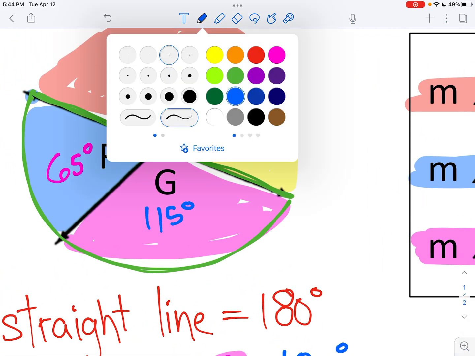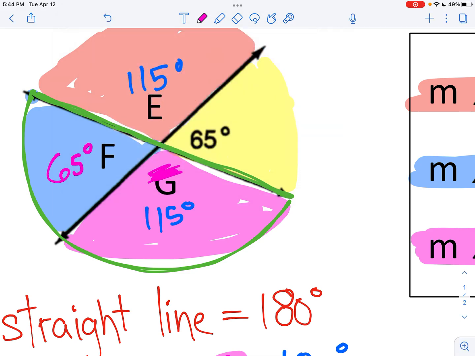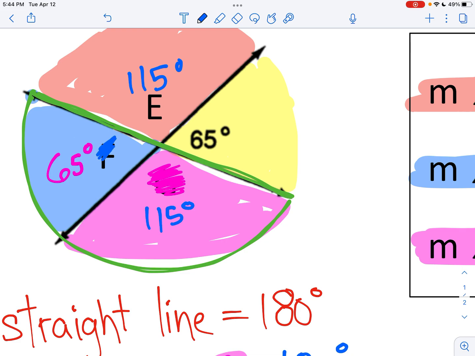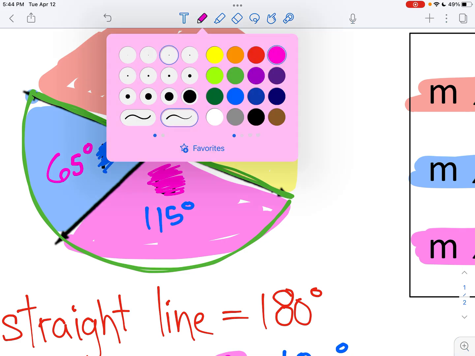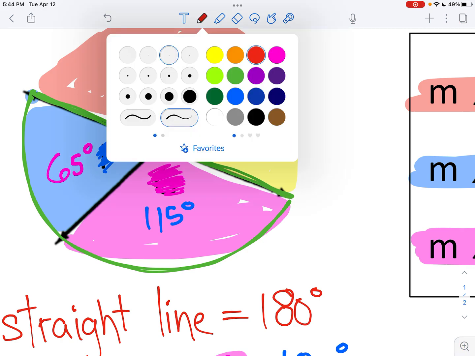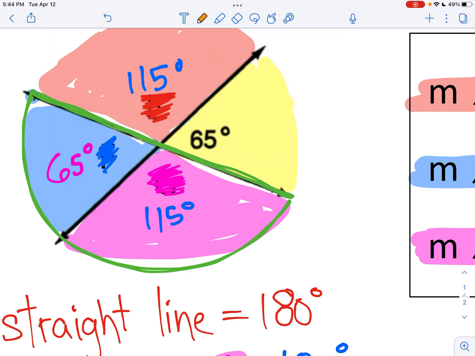Then I'm going to cover up these letters here. There's G, it's gone. Cover up F. Cover up E. In class, we talked about vertical angles. When you see an X, I'm going to cover up the black line and make it orange.